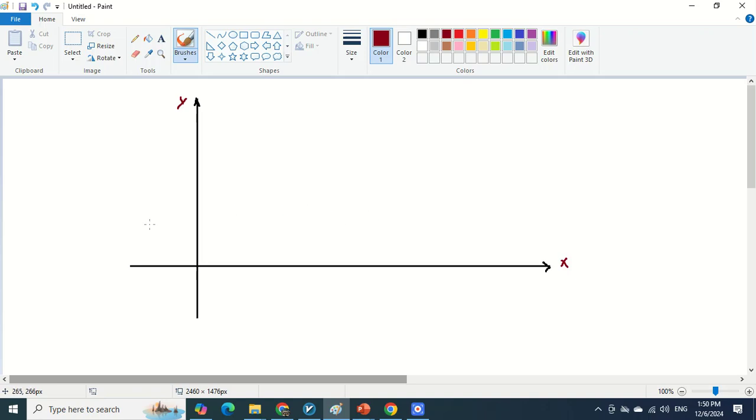So when we discuss the continuous function, it means that if we want to sketch the graph of a function like this, we can do it without removing the pen from the page.